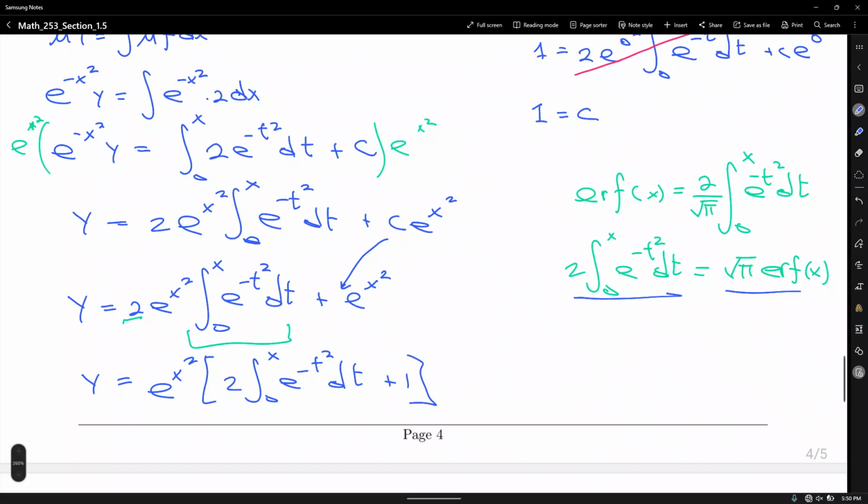And this guy equal to that guy goes over here. This is equal to y equals e to the x squared, square root of pi, error function of x plus 1.